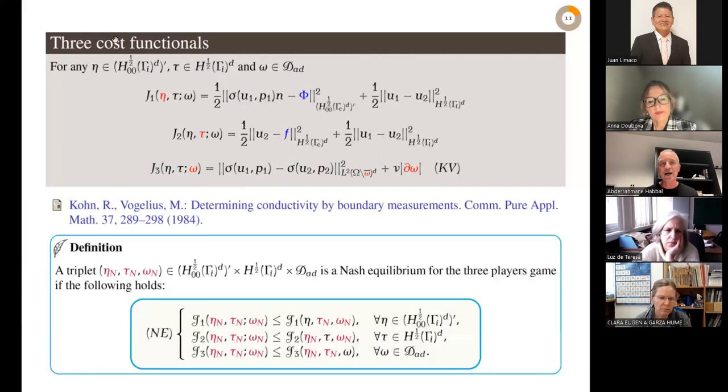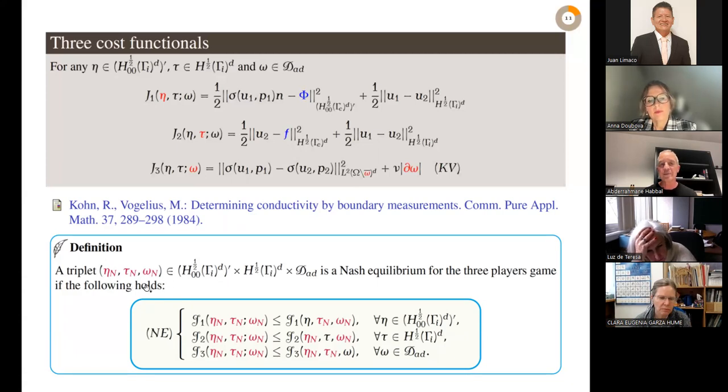Okay, so I am looking here for a Nash equilibrium. So let me first start by recalling what a Nash equilibrium is. I formulated it within our context where we have 3 players, 3 strategy spaces, and so we have a triplet as Nash equilibrium.